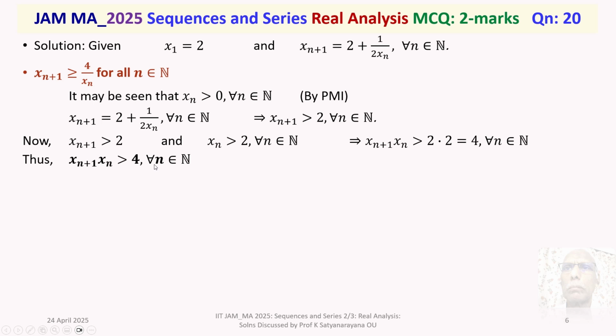This implies xn plus 1 is greater than 4 by xn for all n belongs to N.